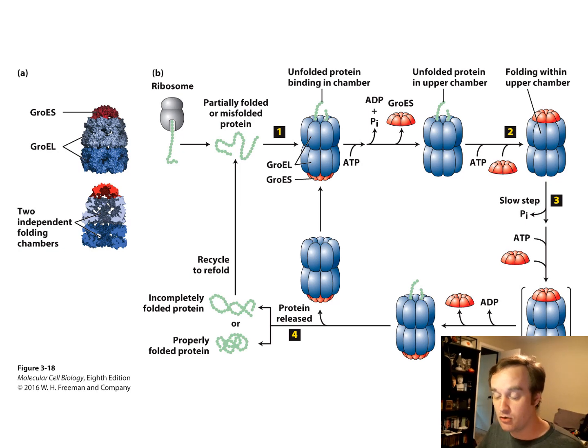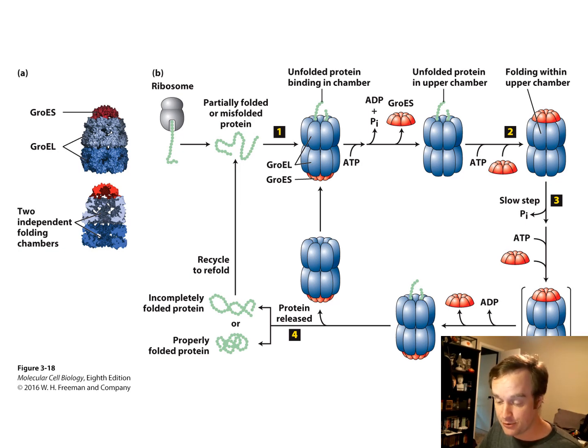So we'll talk here about GroEL, which is a prokaryotic chaperonin. These are barrel-shaped complexes. Throughout this chapter I've been talking about barrel proteins, so this is an example. These are barrel-shaped complexes of 14 identical subunits arranged in 2 stacks or rings.